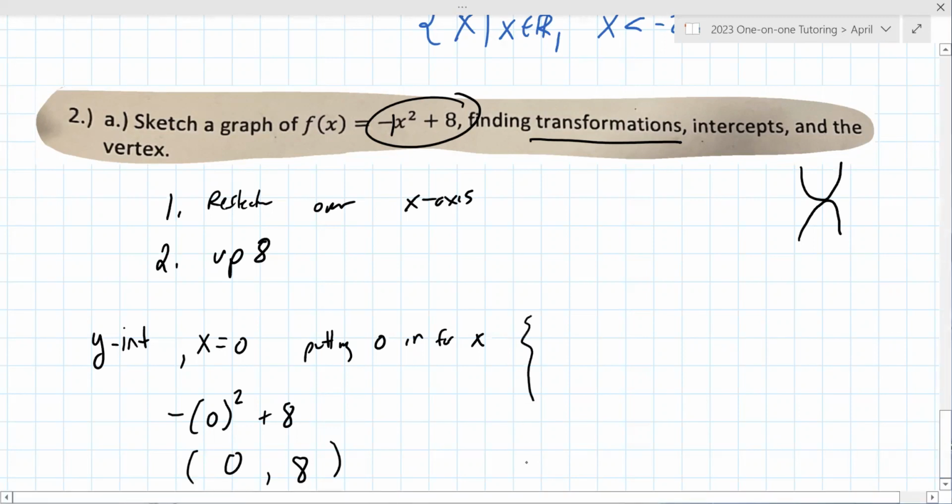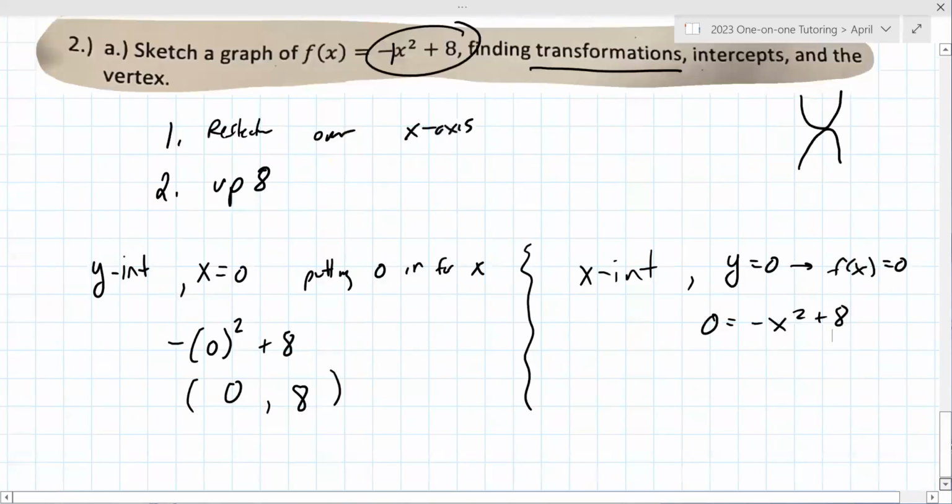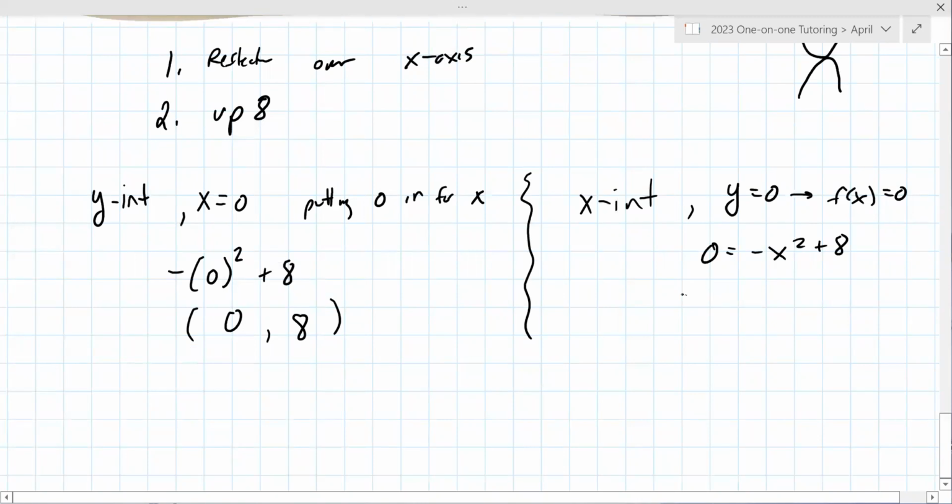Okay, now we're going to do the x-intercept. This is a bit more work. It's setting y equal to 0, but in this case, that really means setting f of x equal to 0. So it's 0 equals minus x squared plus 8. Subtract 8 first. So you get minus 8 equals minus x squared.